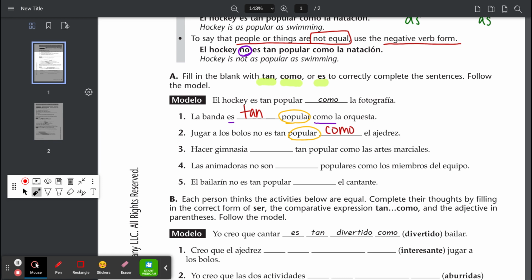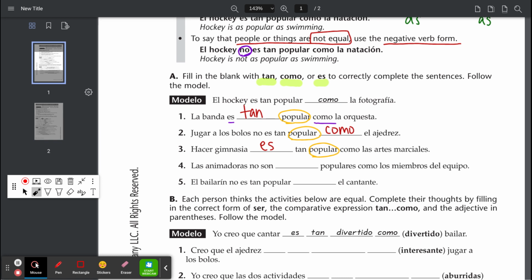Number 3, hacer gimnasia blank tan popular como las artes marciales. So again, our adjective is popular. The words that we already have are tan and como, so our missing word would be es.